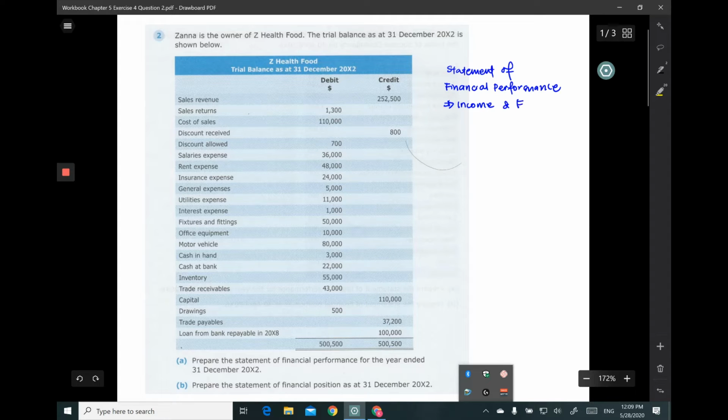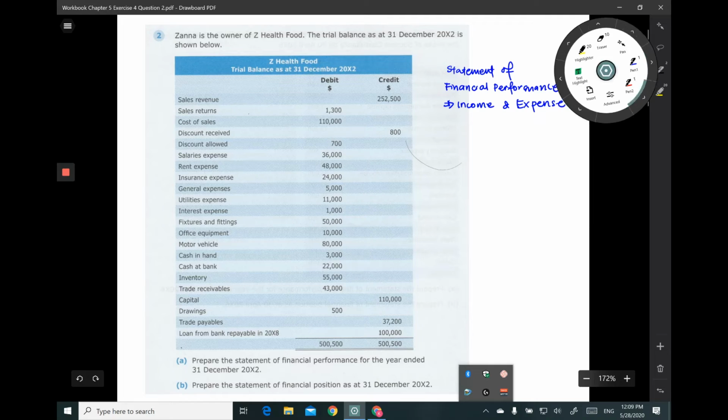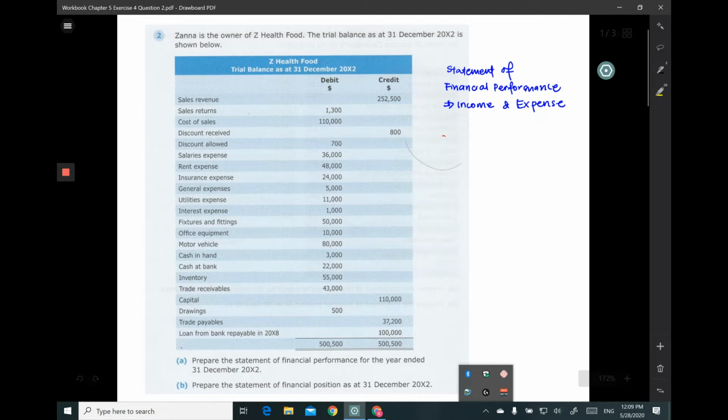If you are doing the statement of financial position, you should only have your assets, liabilities, and your owner's equity.